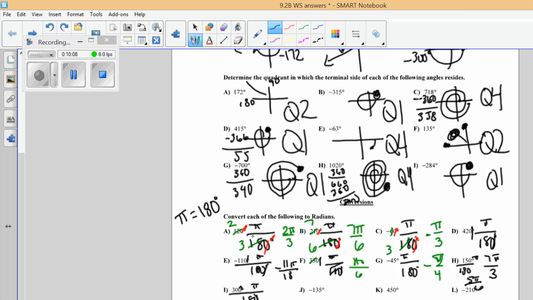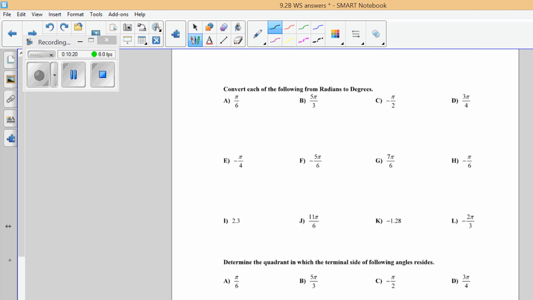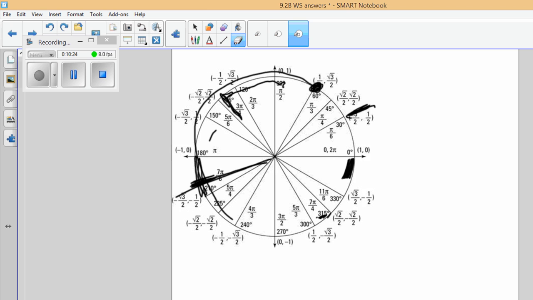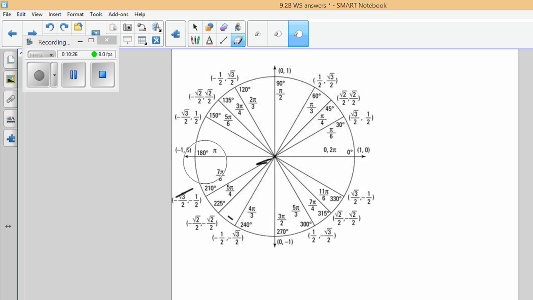All right, negative 135 degrees. It's degrees, so the degree goes on the bottom. 135 seems really scary until you look at your unit circle. Here's 135 right here.